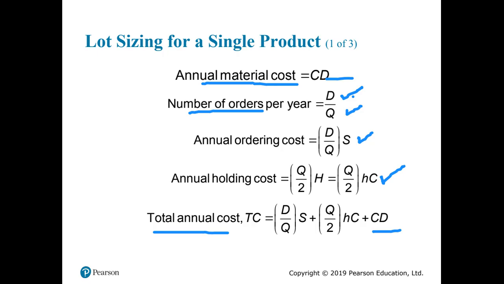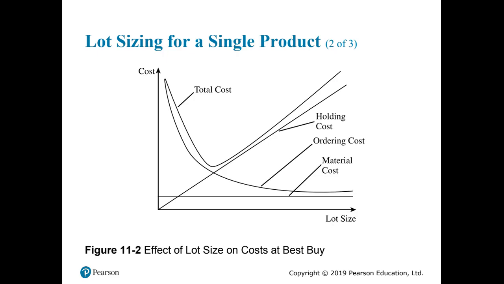Now this diagram is going to debrief us on how the cost and the lot size are in inverse relationship with each other. The shorter the lot size, the higher the cost.